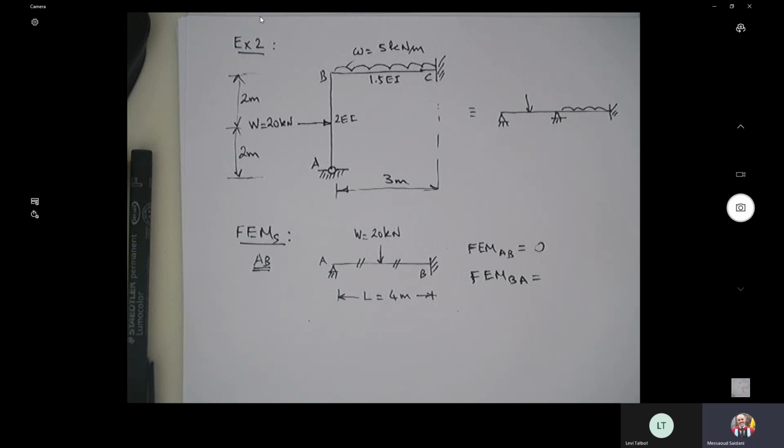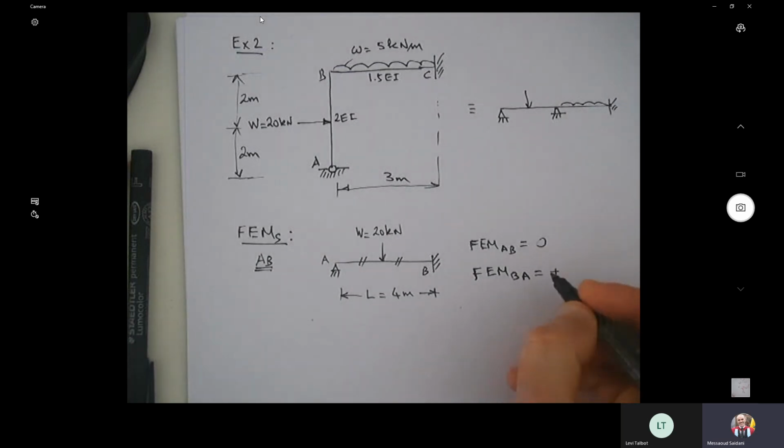Just be careful with the sign because it's the other way around. So we have a plus. What was it? 3WL over 16. Yes, so we have 3WL over 16.